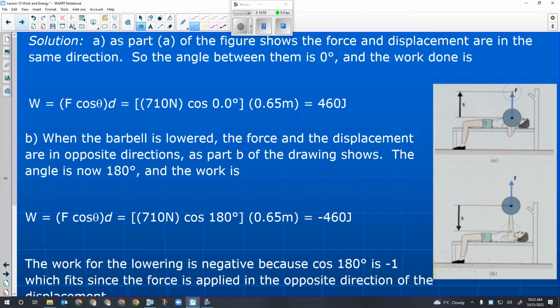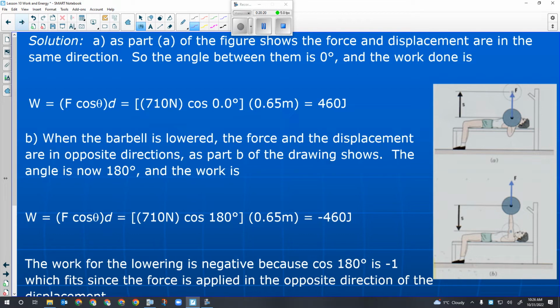So if there's a net force, what happens to the object? It accelerates. If it accelerates, that's a change in speed. And if I change the speed, what kind of energy do I change? Kinetic. So if there's a net force, I'm going to accelerate the object, and its kinetic energy will change.